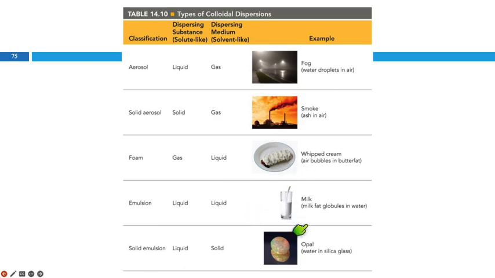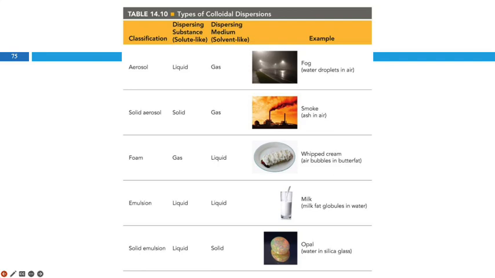Milk contains fat globules in water. Have you noticed that whole milk and skim milk are not quite the same color? Skim milk looks kind of thin or something, right? It's like it's trying to be transparent. Because what makes the milk white is those fat globules that are suspended in the milk, and they don't allow us to see through.